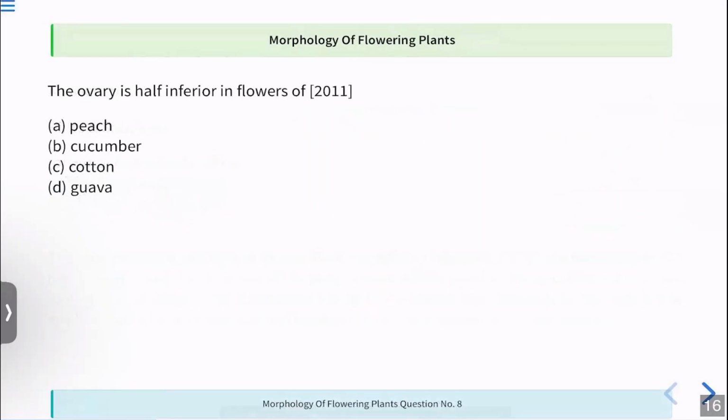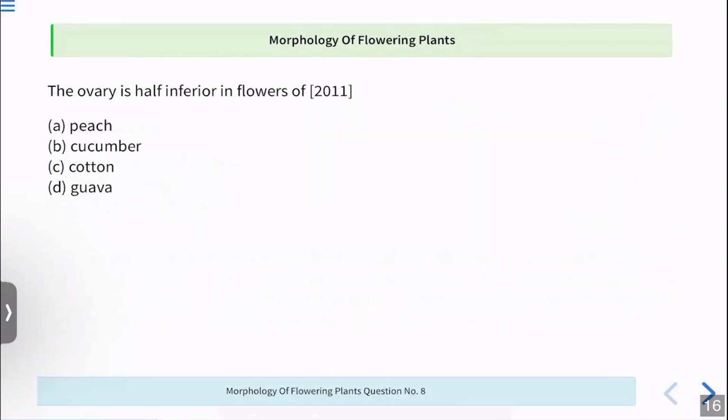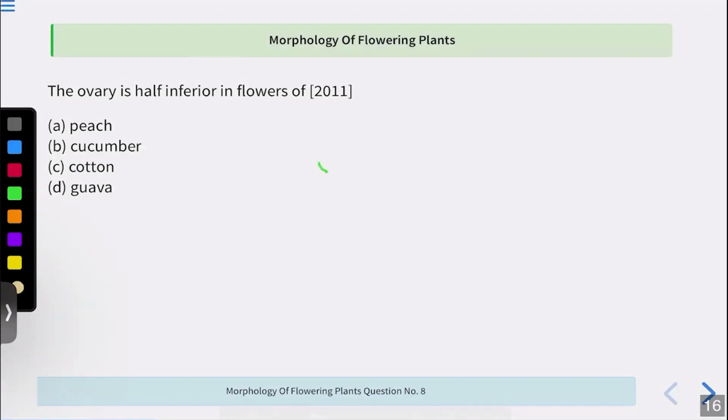Okay. Now, ovary is half inferior. What is the meaning of half inferior? Which means that it is neither superior nor inferior. What they mean to say is this is the ovary, and some of the flower parts are above it, some are below it. The ovary is somewhere in the middle. It is not hypogynous, it is not epigynous.